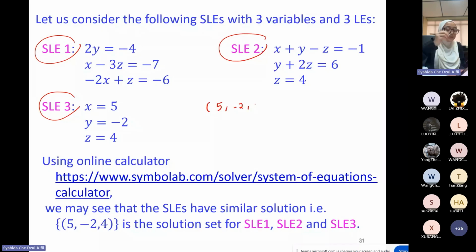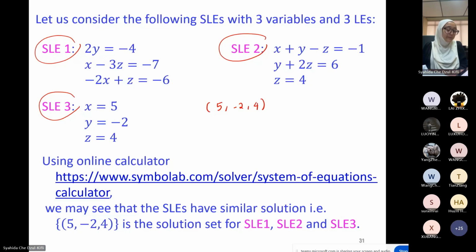For this example, the solution is unique, where x is equal to 5, y equal to -2, and z equal to 4. You may check that. This is the only solution for all of these three systems of linear equations.